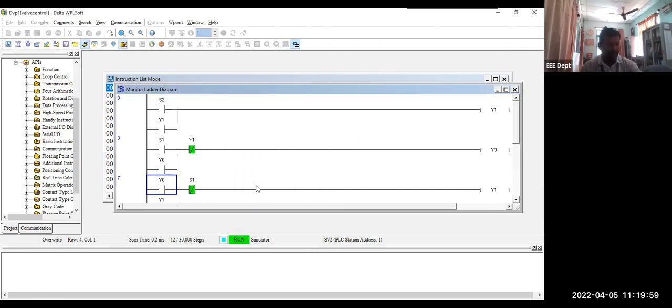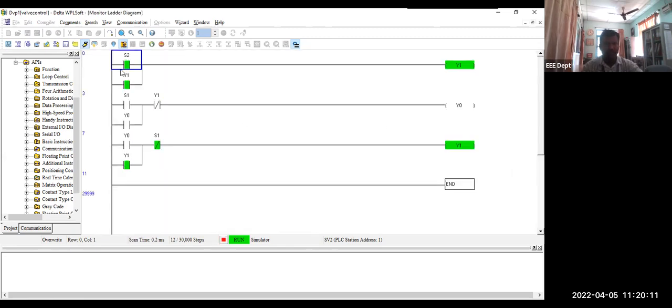So when S2 is on condition, Y1 will be on, Y0 will be off condition. So syntax is matched.